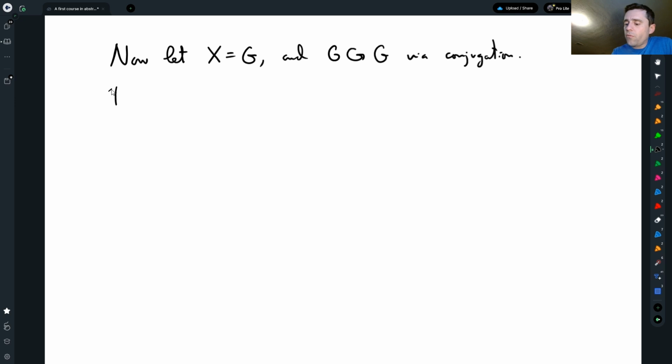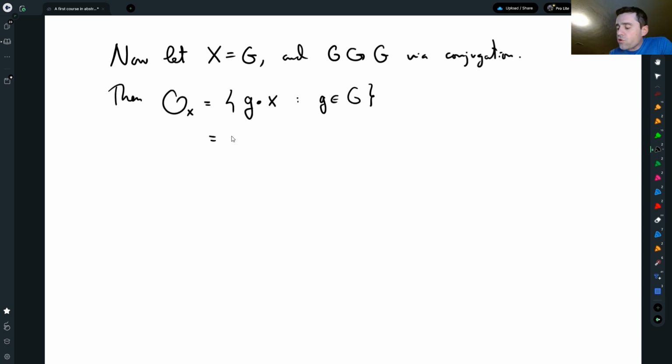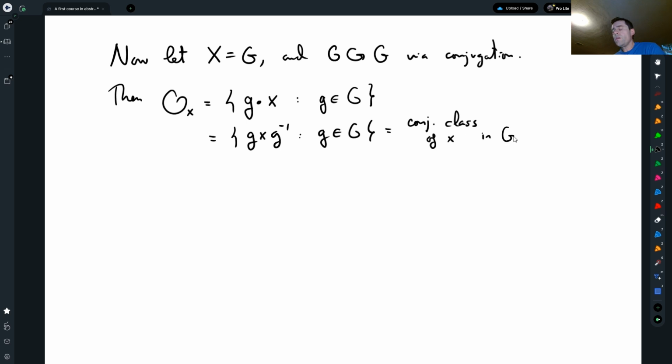Then, first of all, the orbit of x is all the elements g times x as g runs over every g. But the action here is conjugation, so it's gxg inverse for every g in G. And this is called the conjugacy class of x in G.